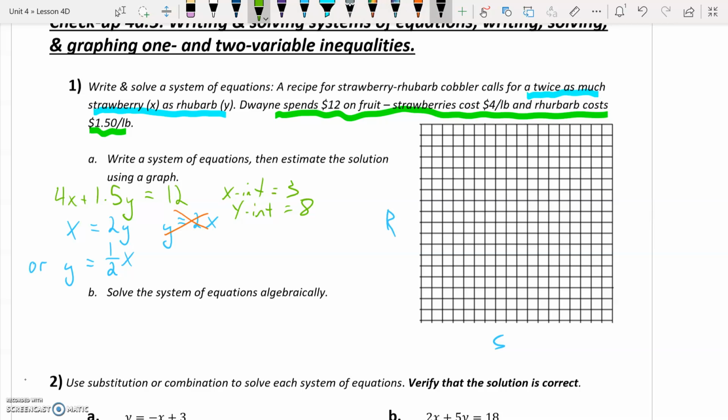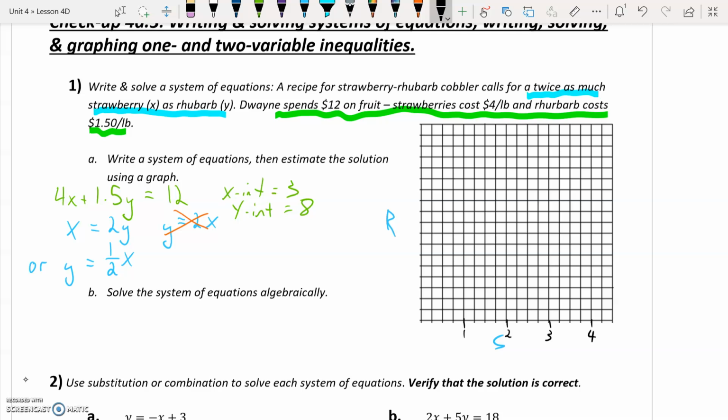So graphing this, I wanted to make sure that my y-axis goes up to 8. My x-intercept only has to go out to 3. And so setting up my axes on this one to spread that data out, I did counting by quarter pounds. So there'd be 1 pound, 2 pounds, 3 pounds, 4 pounds of strawberries.